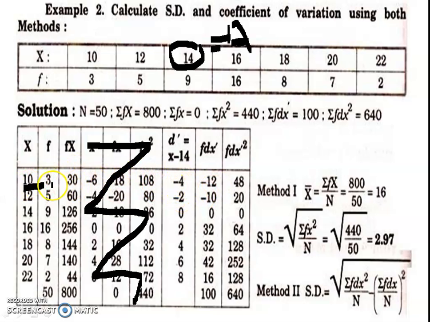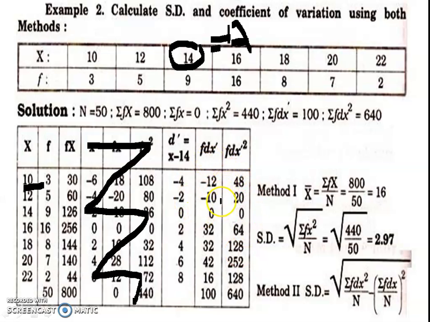Minus 4 into 3 is minus 12, minus 2 into 5 is minus 10, 9 into 0 is 0, 16 into 2 is 32, 8 into 4 is 32 again, 7 into 6 is 42, 2 into 8 is 16.